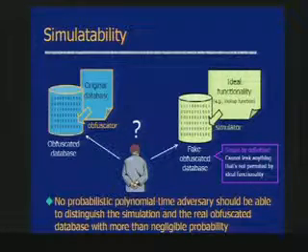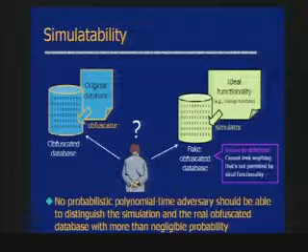And now the claim is that if no efficient, that is no probabilistic polynomial time, adversary can tell the difference between a fake obfuscation, which doesn't leak anything by definition, and the real obfuscation, this means that the real obfuscation based on the real database does not contain any more information than the ideal functionality.